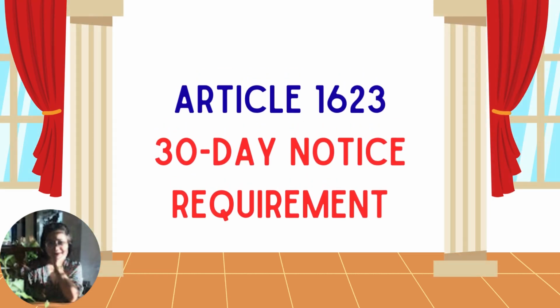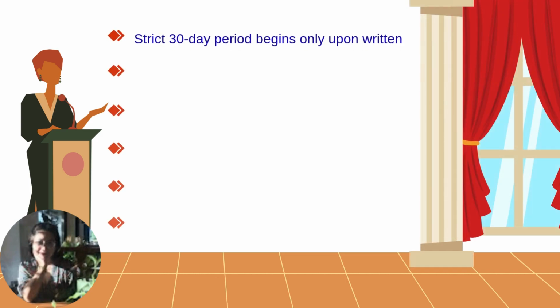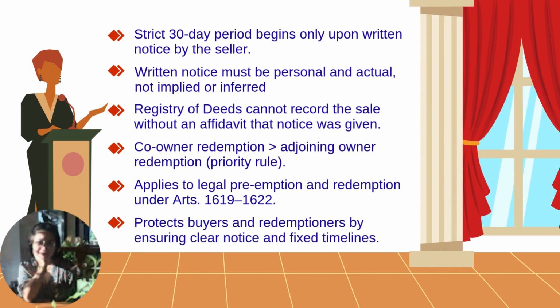Article 1623, or 30-day notice requirement. This article establishes the mandatory procedure and prescriptive period for exercising legal redemption. So the right of legal preemption and redemption must be exercised within 30 days, and this period begins only upon written notice by the prospective vendor or the vendor, as the case may be.